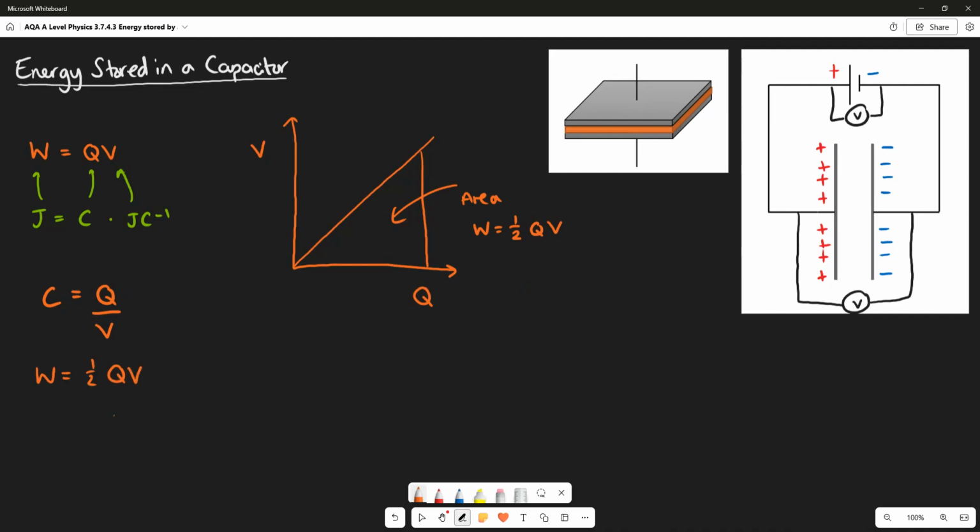We can substitute in a value for Q and get half CV multiplied by V, or half CV squared, or we can substitute in a value for V, Q over C, and get half Q squared over C. You may sometimes see W written as E in some textbooks, but otherwise these are the standard equations.